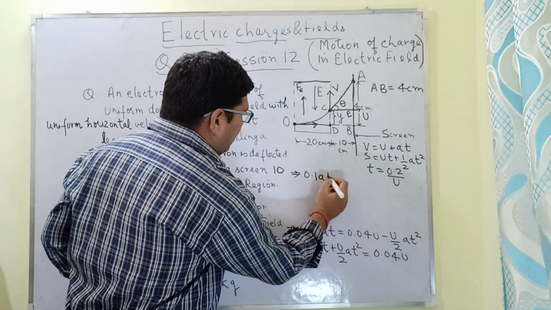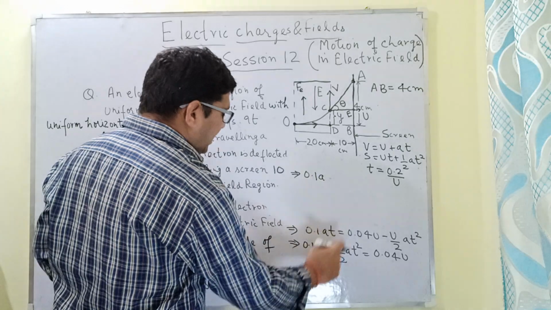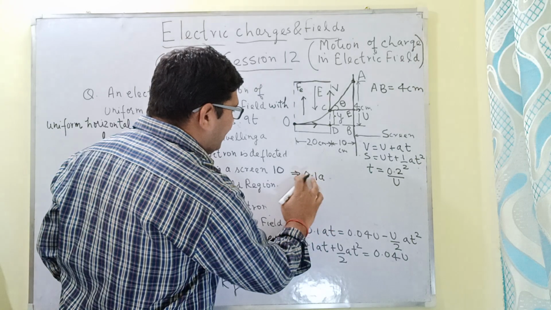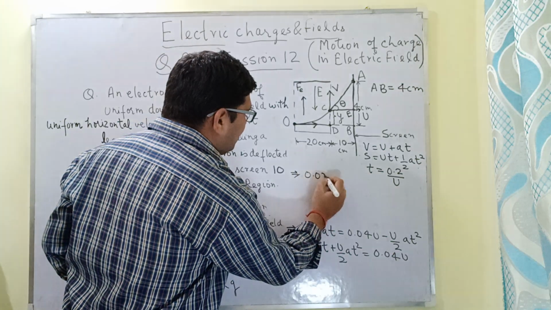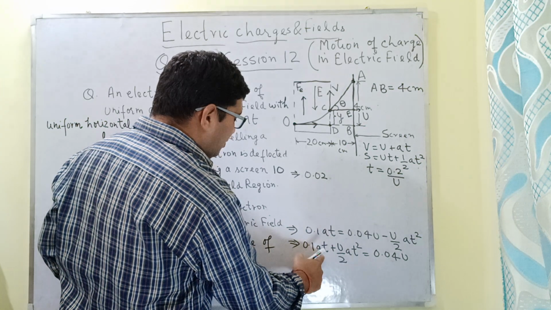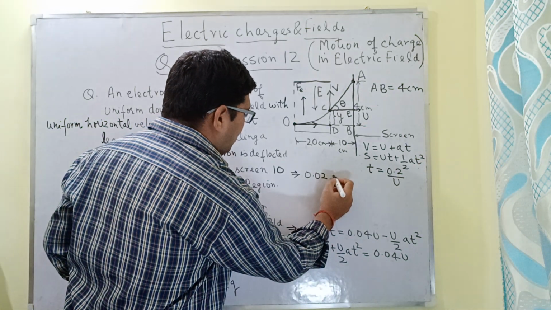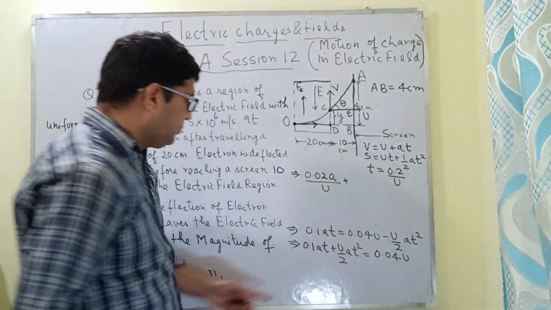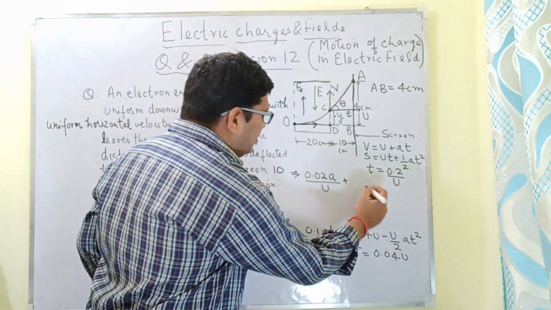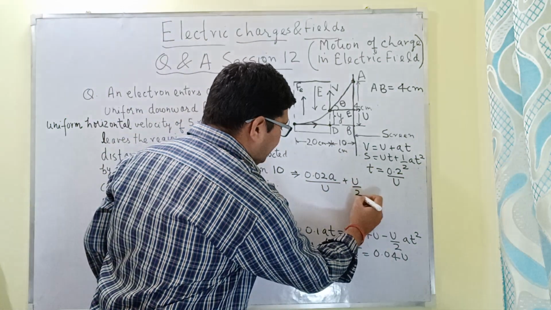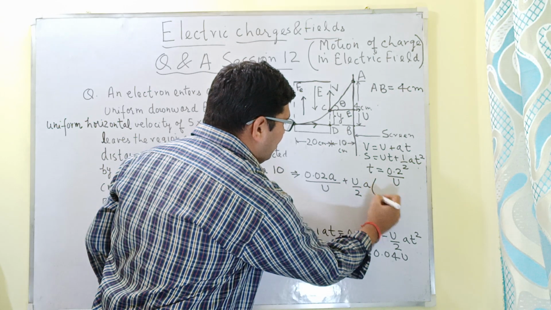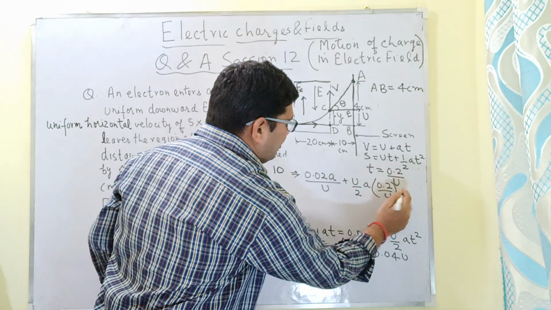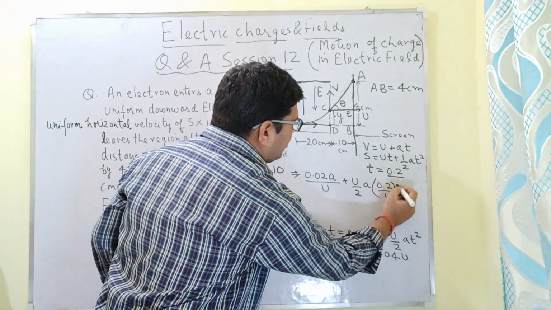So I will be getting 0.1, t. T is equal to 0.2 divided by u. So this will be equal to 0.02 A upon u plus t की वैल्यू हम पुट करेंगे 0.2, so that will be equal to u by 2 a, and this will be equal to 0.2 upon u whole square.